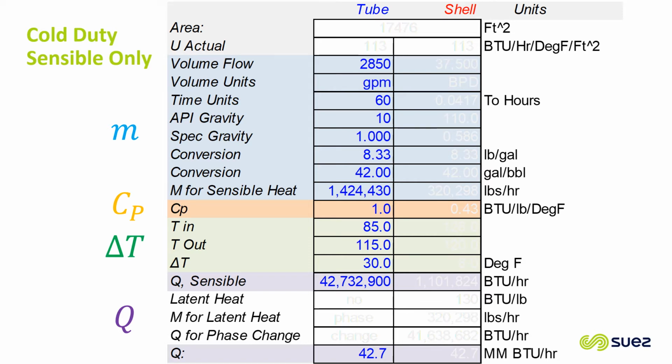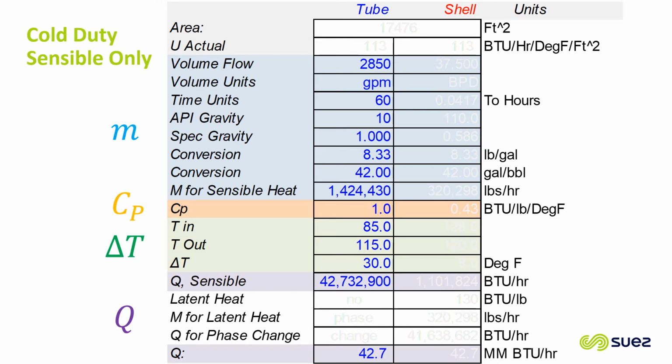The heat capacity for water is pretty simple here. It's one BTU per pound per degree Fahrenheit, and that is by reverse definition. The delta T, temperature in and out, measured, that's about 30 degrees.